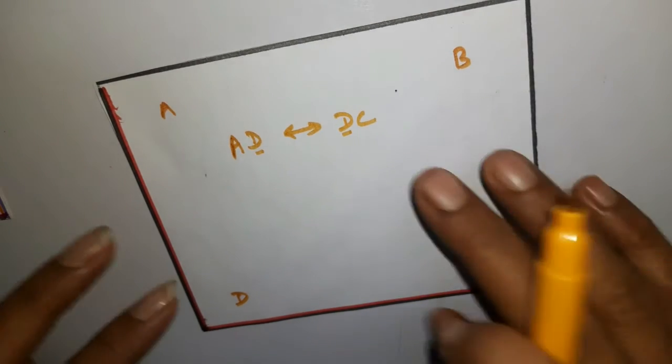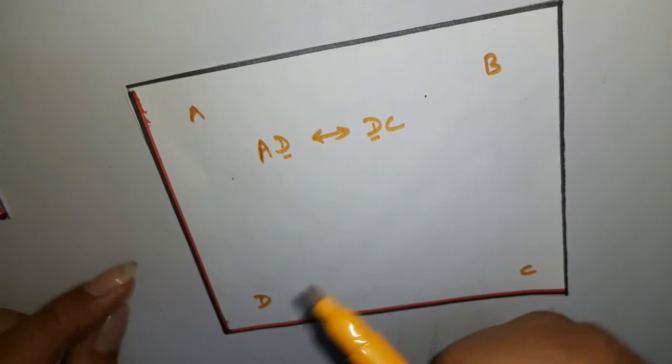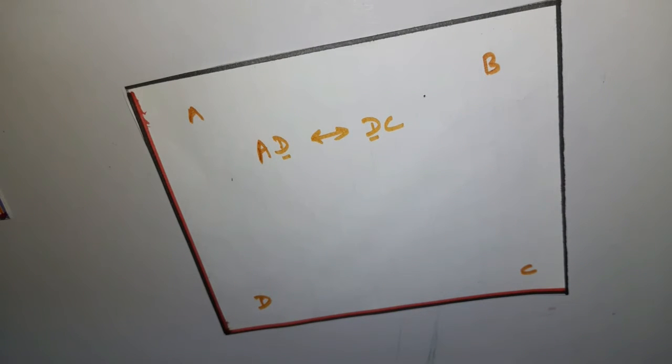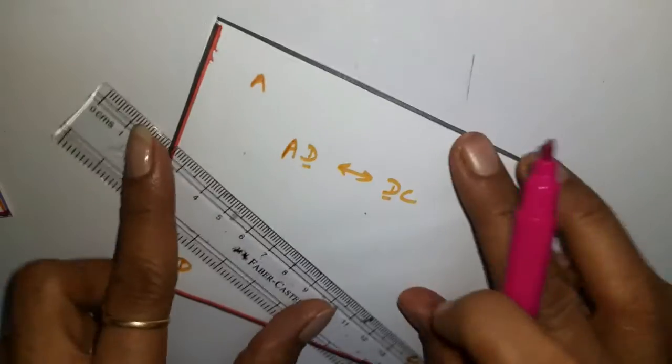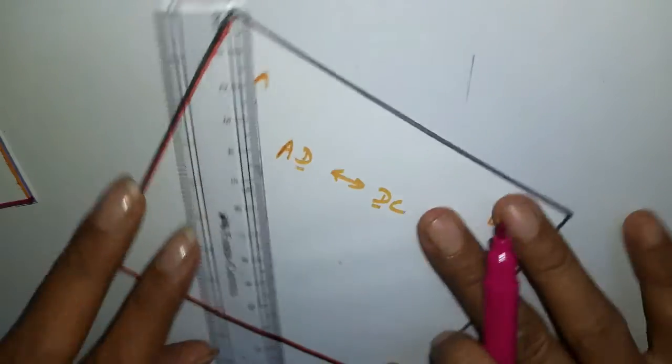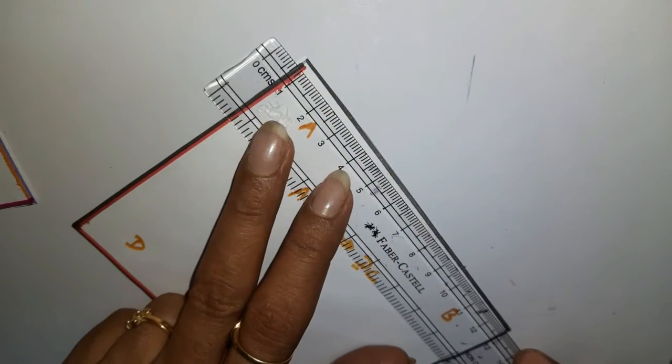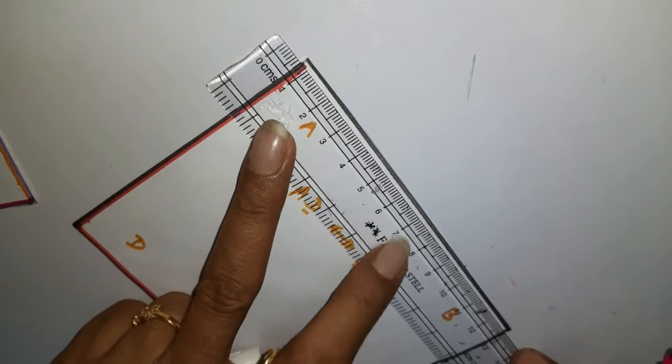Now if you want to find another pair, let us take this pair. Let me color it out for you so that you will be able to find another pair. I'm going to do it in front of you so that you'll clearly understand it.